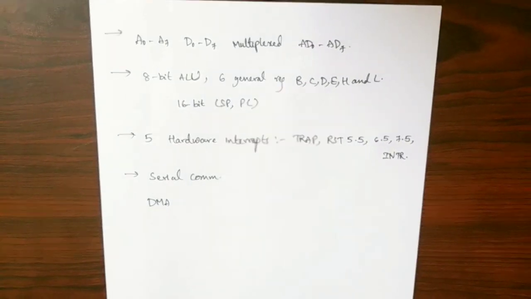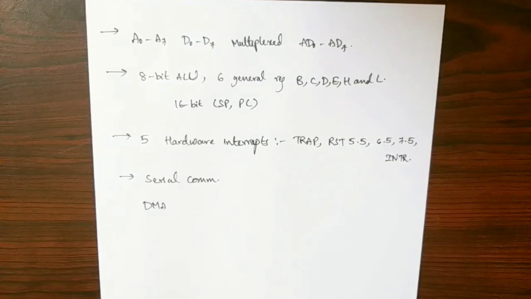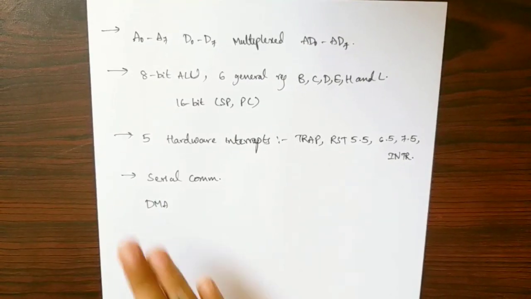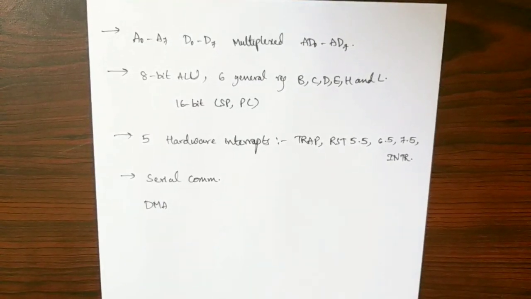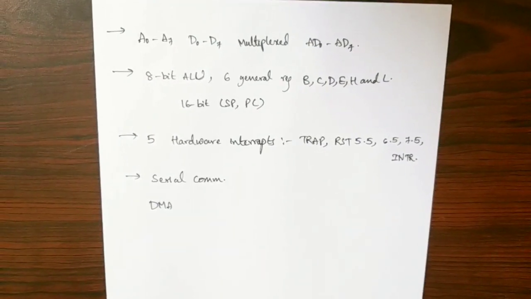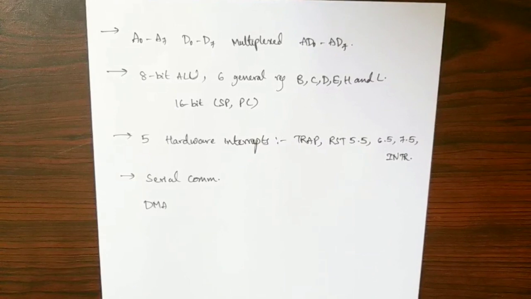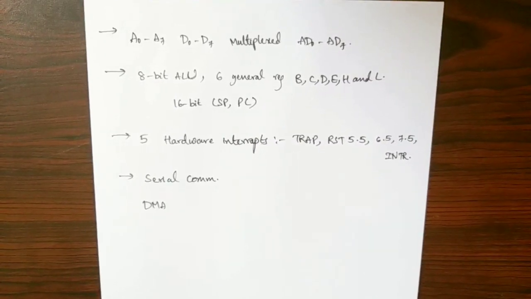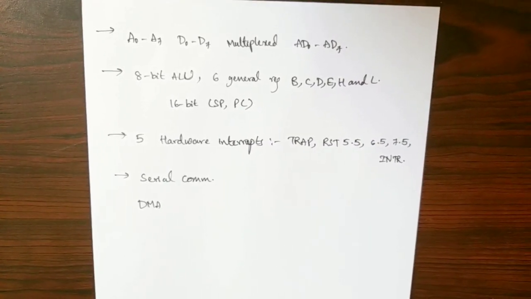This feature allows transfer of large amounts of data from an I/O device to memory or from memory to an I/O device at high speeds. It can be used to implement a 3-chip microcomputer with supporting I/O devices like IC 8155 and IC 8355.